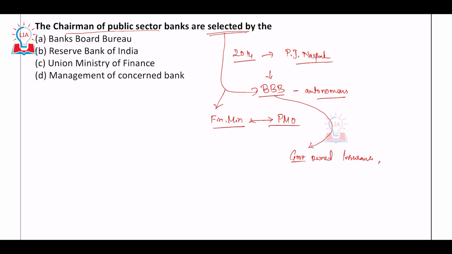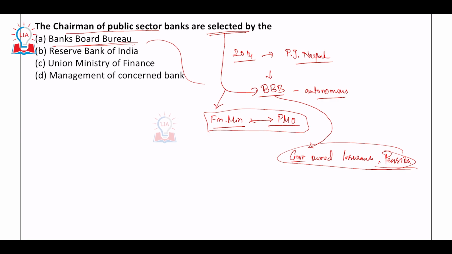Insurance companies, or for that matter the government owned pension funds. In all these entities, the top positions, the selections are done by the BBB and the names are forwarded to the FinMin, right? And the FinMin is going to take the final call after consultation with the PMO.